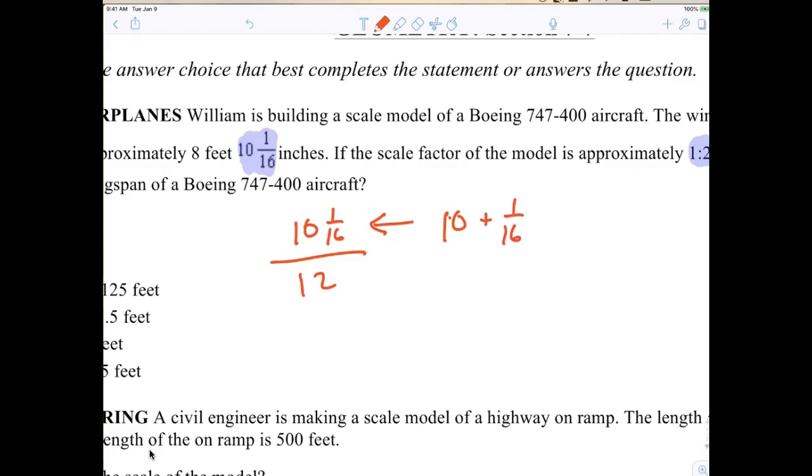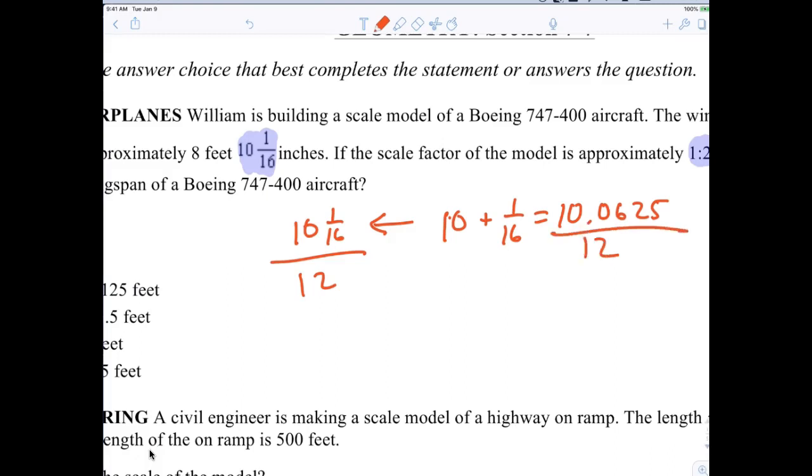So everybody do that first. So I think that should be like what? 10.0625, right? I think that would be the easiest way to do that. And then do what to that?